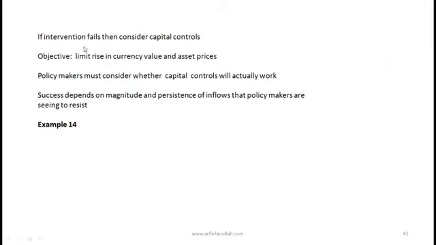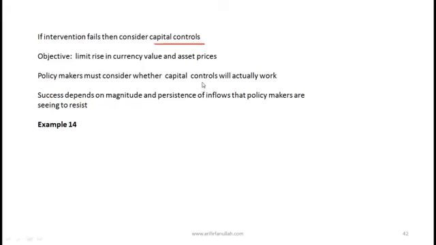If intervention fails to accomplish your objectives, then you can consider capital controls. The objective here is to limit the increase in value of your currency and increase in value of asset prices. So the key point here as a policy maker is to consider whether or not capital controls will actually work.